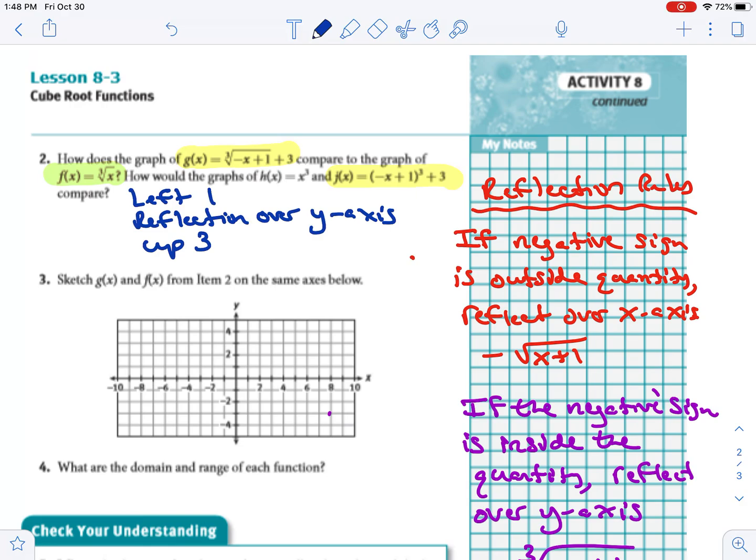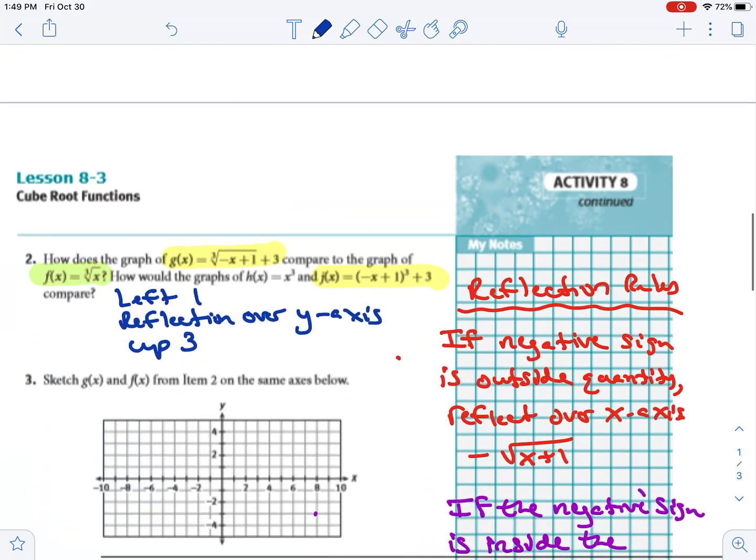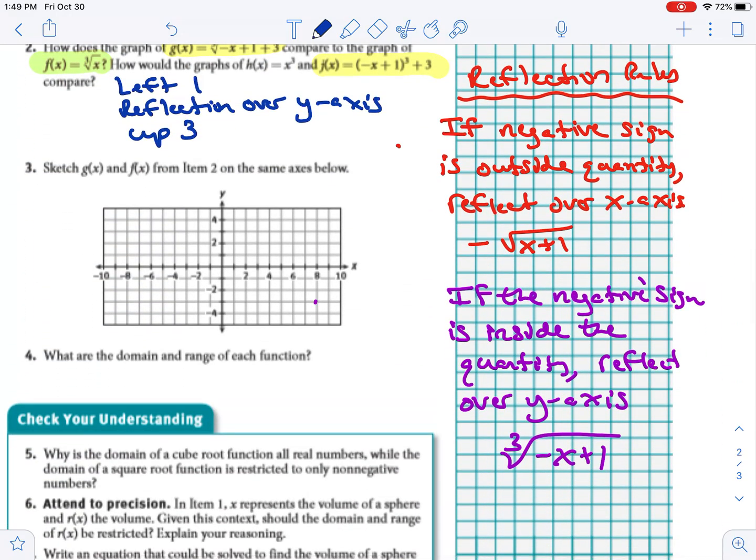Now I reviewed the reflection rules on the side here in case you didn't remember those. You will have a shift over the y-axis if the minus sign is outside the quantity, like we have here. And not like we have here. And if the negative sign is inside the quantity, like we have here, that's going to be the reflection over the y-axis. So that's why we'll have that.